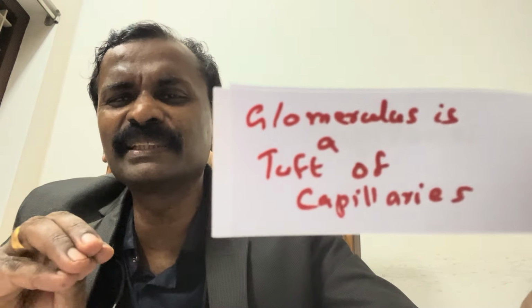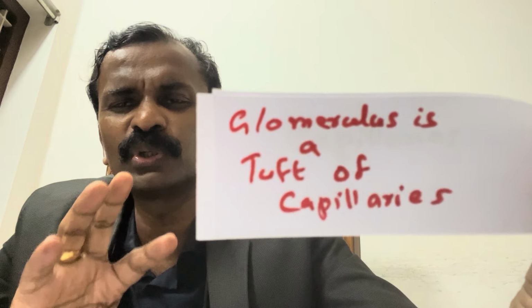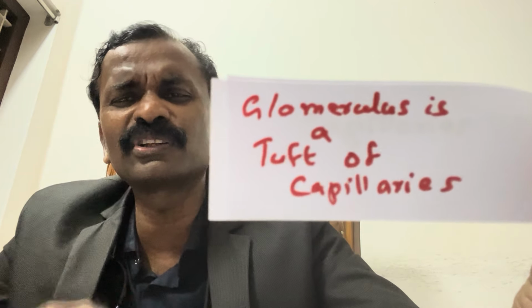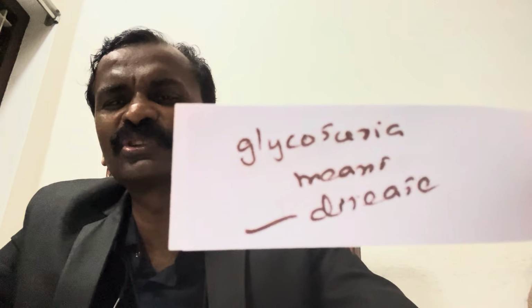So NEET is very easy, man. Only thing you should know how to study. All are hard workers only. Capillaries, don't forget the question, okay. So just now I told, glycosuria which disease?